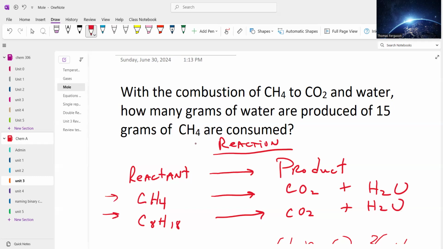So the thing with chemical reactions, you just can't write them. You have to balance them. Balancing means that we have 8 carbons here, we have to have 8 carbons there. We have 18 hydrogens here, we have to have 18 hydrogens there.